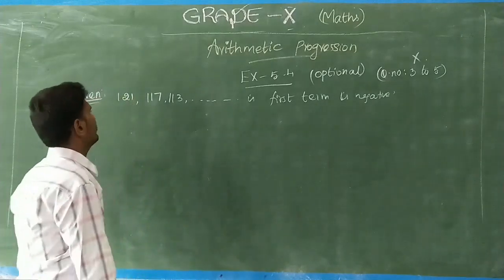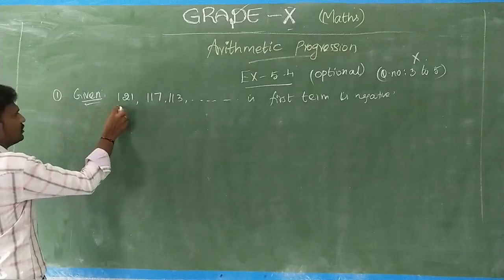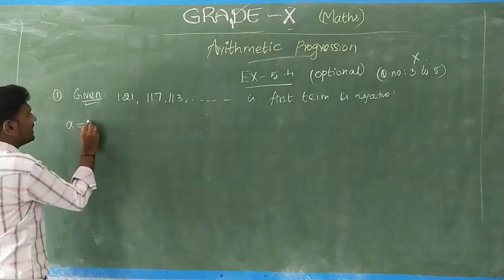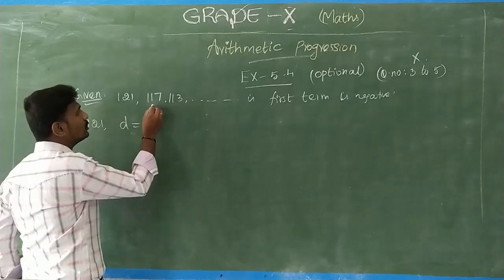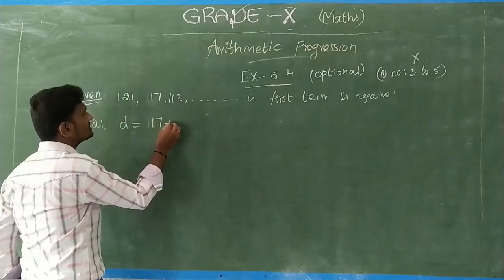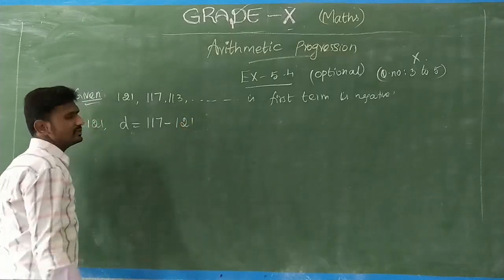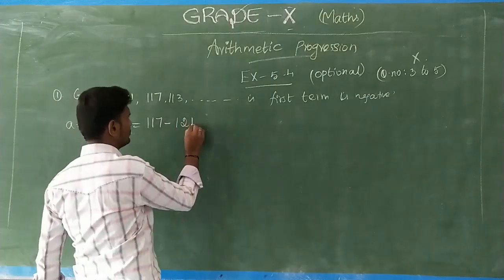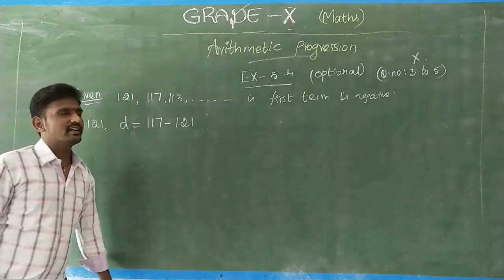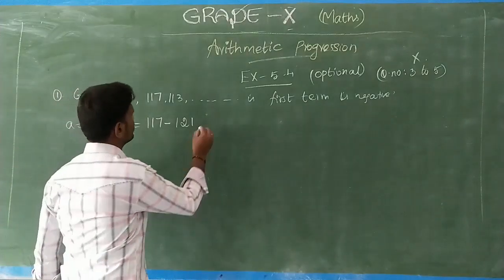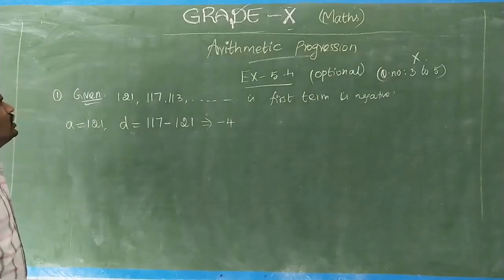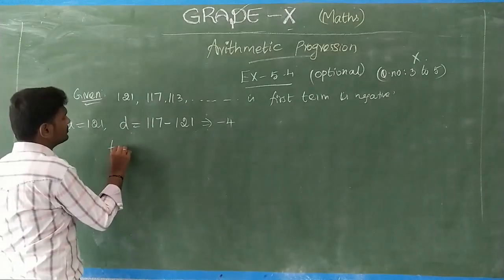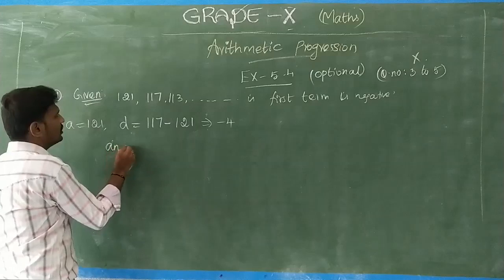Now in your sequence the first term a equals 121, and the common difference d equals a2 minus a1, that is 117 minus 121, which is minus 4. This is your common difference. First you should find the nth term, An.